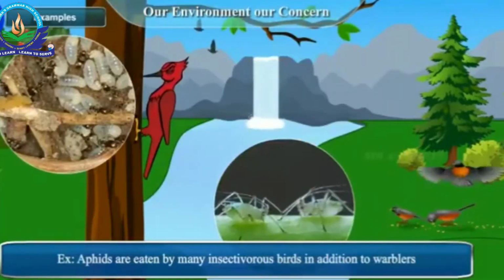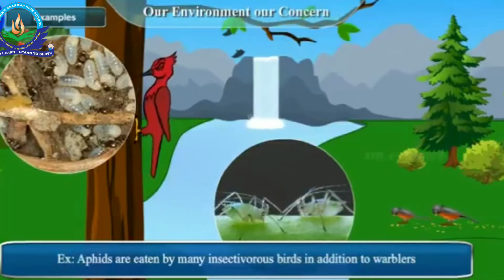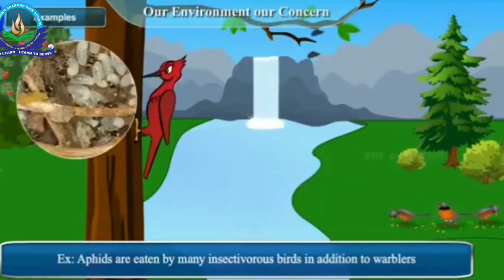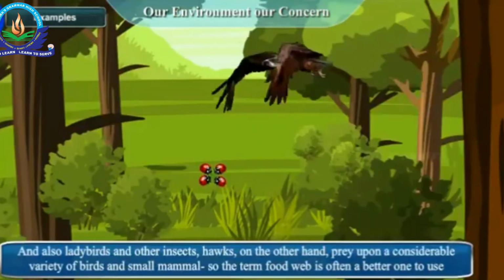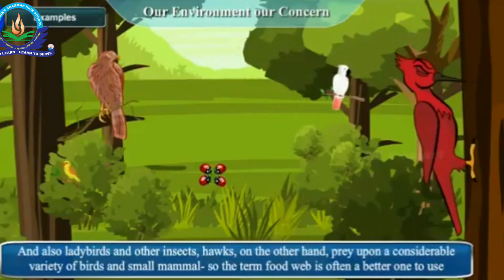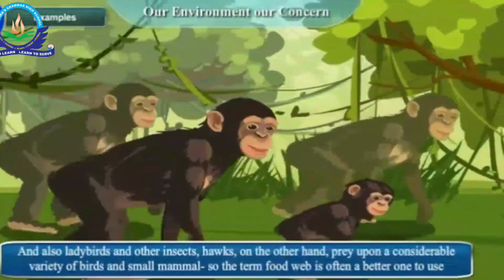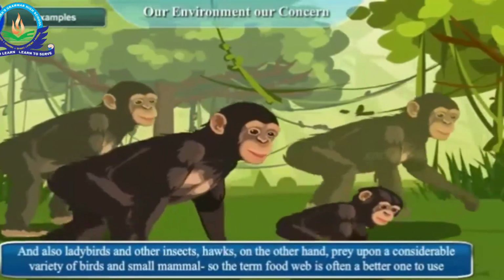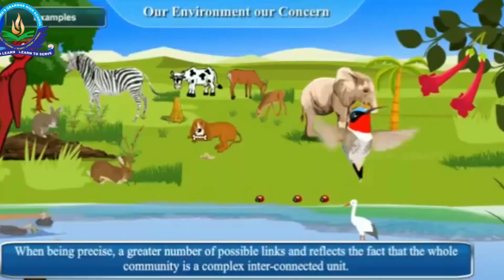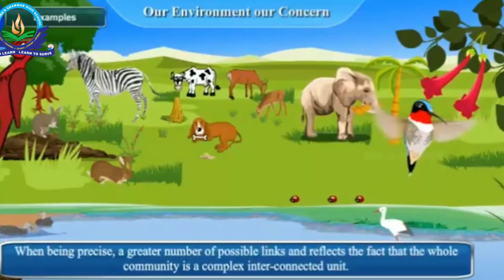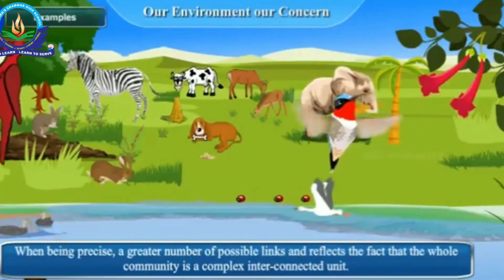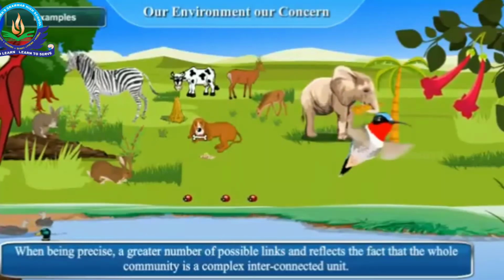For example, aphids are eaten by many insectivorous birds in addition to warblers, and also by ladybirds and other insects. Hawks, on the other hand, prey upon a considerable variety of birds and small mammals, so the term food web is often a better one to use when being precise. It allows a greater number of possible links and reflects the fact that the whole community is a complex interconnected unit.